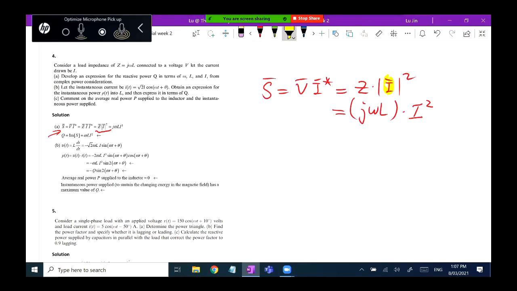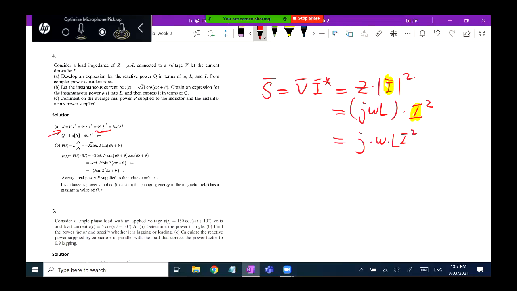This with a bar above it indicates the vector, but this I with that bar is actually the magnitude of this vector. Then let's just arrange these terms. J is the indicator of the imaginary part. And except j, we have omega times L times I squared. Then finish. This is the complex power consumed by this inductance, okay?